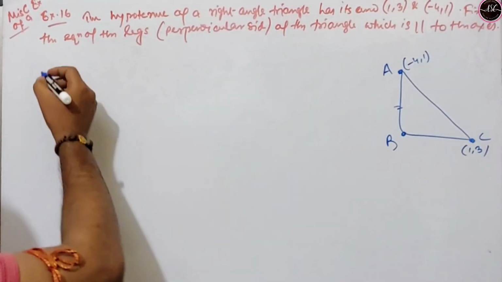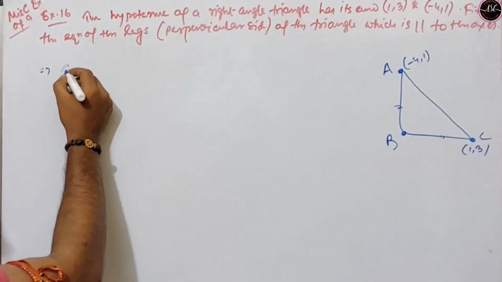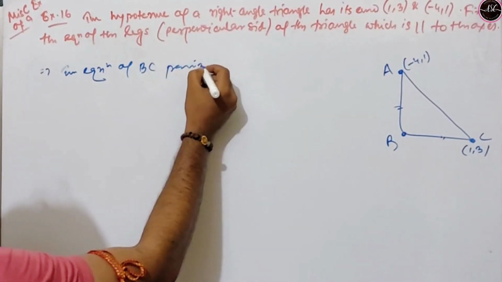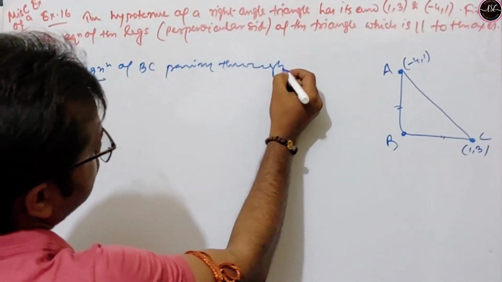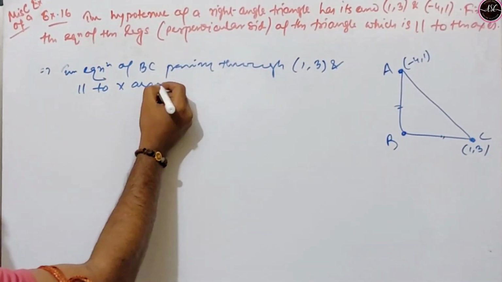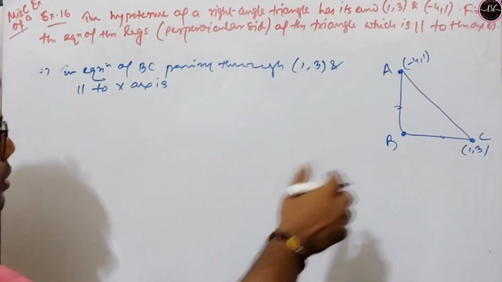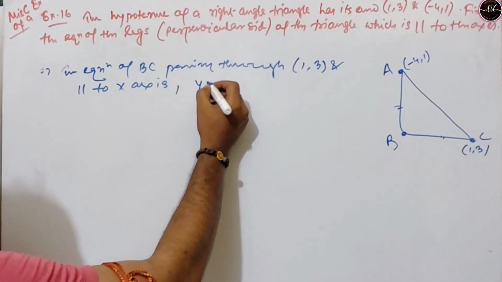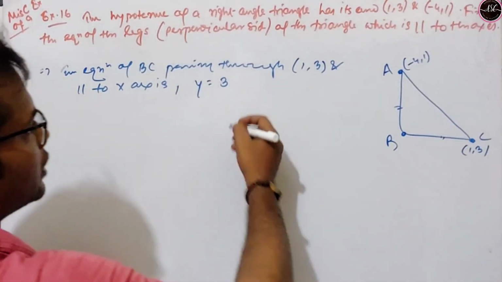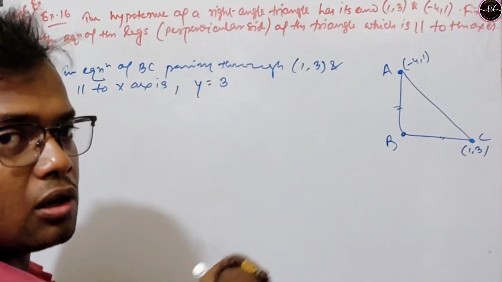Okay, so this leg, the equation of BC, passing through (1, 3) and parallel to the x axis. If this is parallel to the x axis, that means it is y equal to 3. And the other leg is parallel to the y axis.